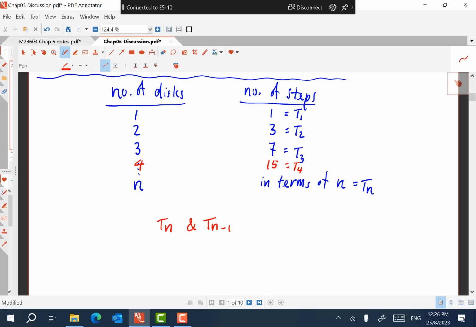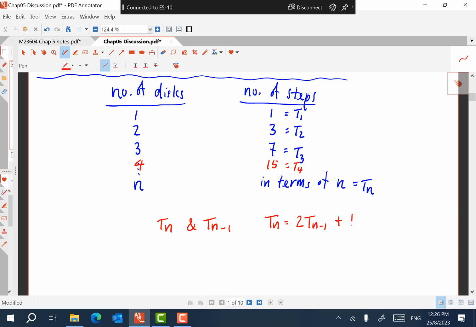T5 is going to be 31. Okay, so he says 31, and I think he's right. So what's the pattern that you recognize, Pranaya? That 2 to the n minus 1. Okay, Tn equals Tn minus 1 plus 2 to the n minus 1.